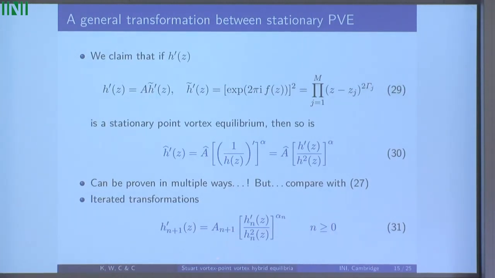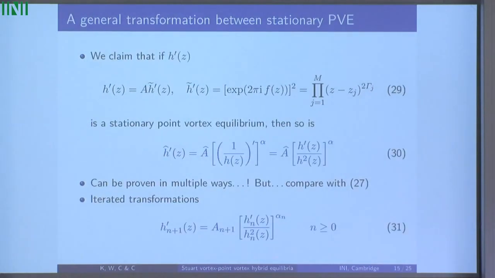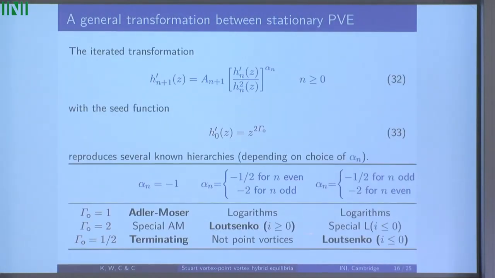Okay, and then we can iterate this transformation. You start with n equal to 0, you have an h naught prime, and then you have h1, and then an h1 prime, and so on. You keep going. Let's compare it with some known hierarchies.